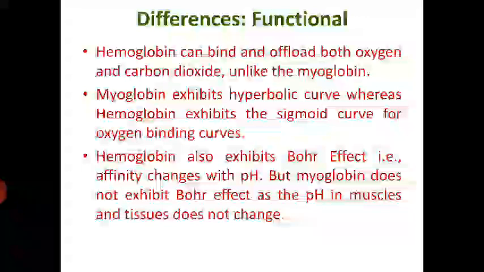Myoglobin exhibits a hyperbolic curve, whereas hemoglobin exhibits a sigmoid curve for oxygen binding, and hemoglobin exhibits the Bohr effect, that is, affinity changes with pH. But myoglobin does not exhibit the Bohr effect as the pH in muscles and tissues does not change. So myoglobin has its function in tissues only, where the pH is 6.8 or around 7.